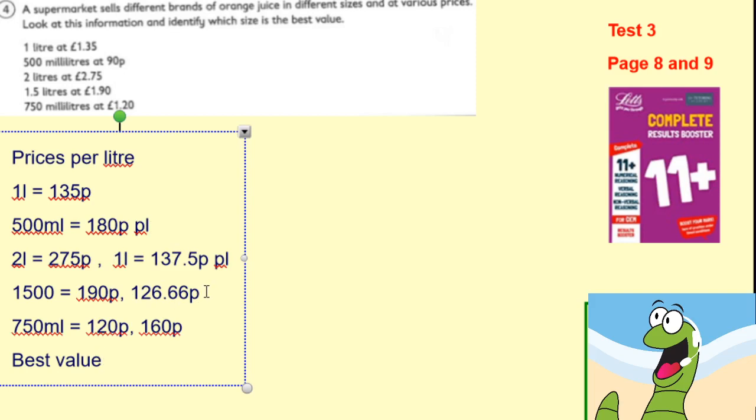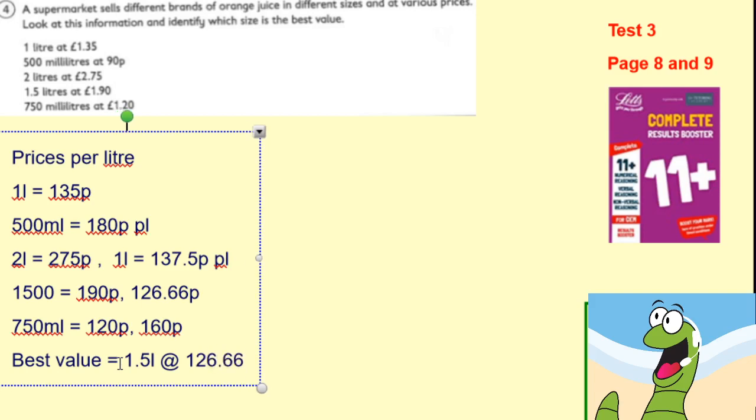So that per litre is the best value: 1.5 litres at £1.90, which is 126.66 pence. Okay, that's your best value one there.